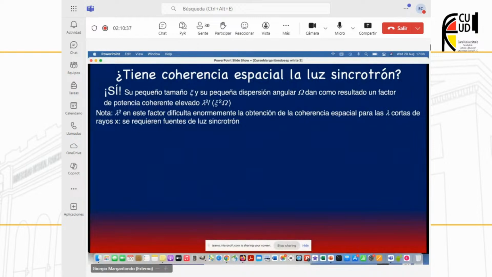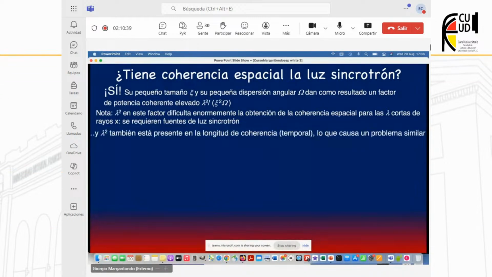Now, we must not forget that in the coherence length, there is also a lambda square. So the same problem that you have for X-rays for space coherence, you also get for time coherence. And once again, if you're looking at the parameter, you do get time coherence, but in this case, again, it was more difficult for X-rays than for visible light.